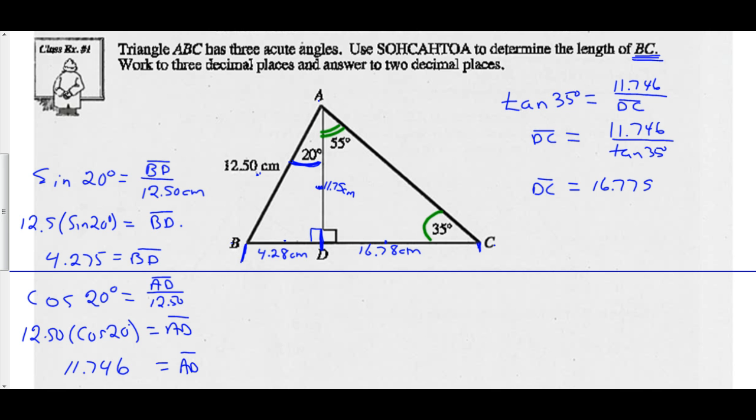I now know the length of AD, and we just found the length of DC. Therefore, the length of BC should be BD added to DC.